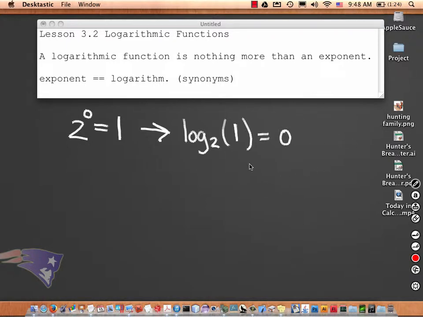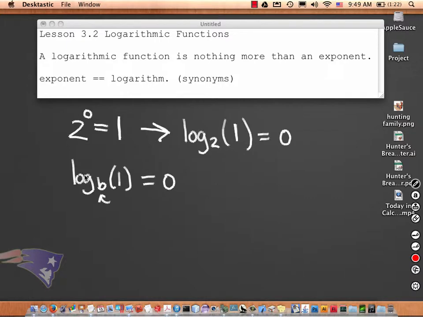And this is true for any base. It no longer matters what base you have. If you have the logarithm base b of 1, you will always get the answer 0, because b to the 0 power is 1. So this is true for any base that's valid.